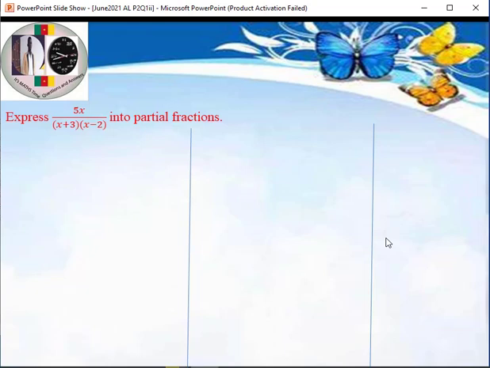So we can see that this is a fraction, and they want us to split this fraction into two or more other fractions. If we look at the denominator, we see that the denominator is linear. For us to divide this fraction, we are going to look at the nature of the denominator.